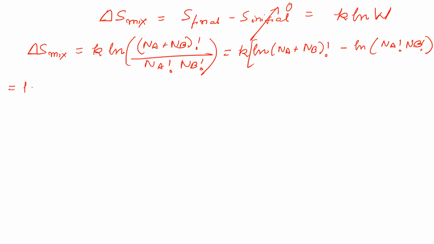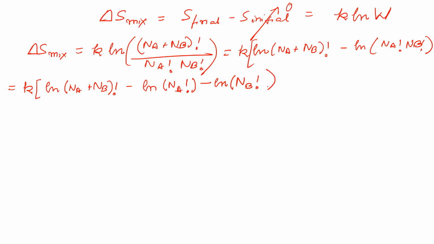Since we again know that ln A into B is nothing but ln A plus ln B, we have this, where A is in subscript, which is the total number of A atoms, and since we have a negative sign, upon expanding we have negative factorial.